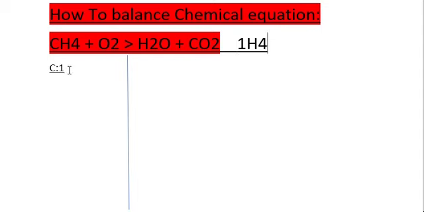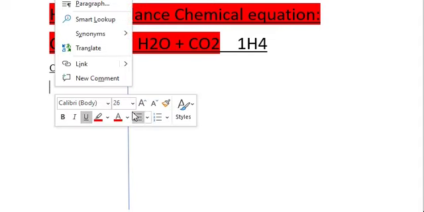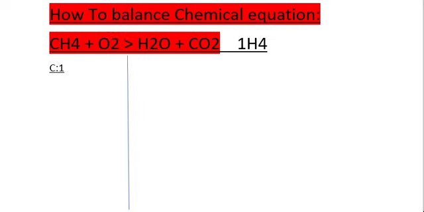So 4 times 1, what's 4 times 1? H stands for hydrogen, and how many hydrogen atoms are there? 4 times 1 is 4.